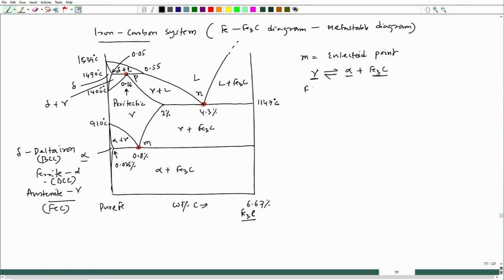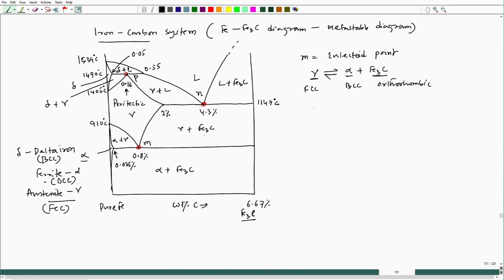This is FCC, this is BCC and this one is orthorhombic. So, that means gamma converts to two solids of two different crystal structures.